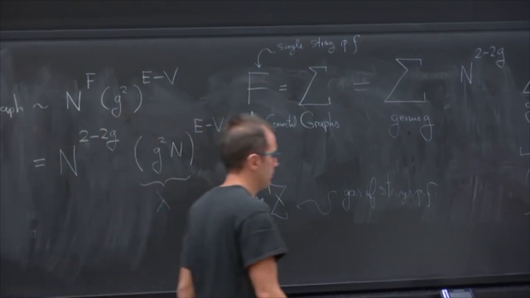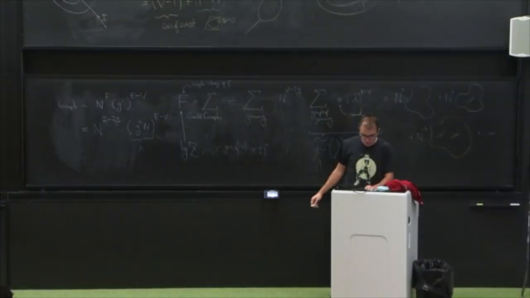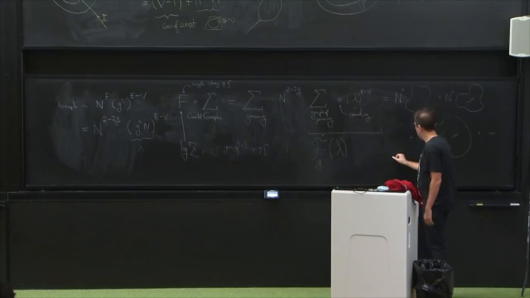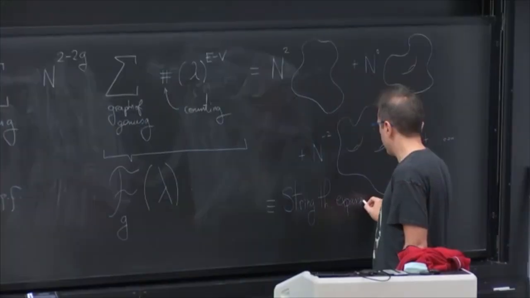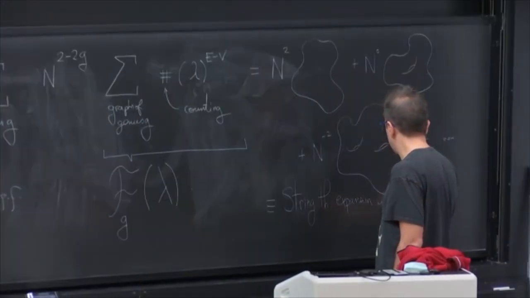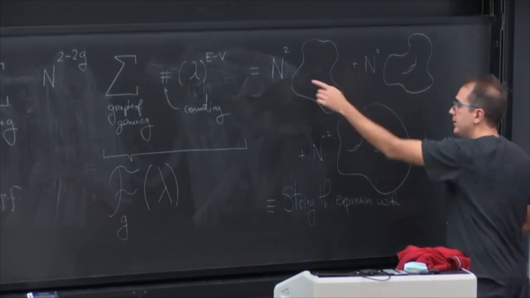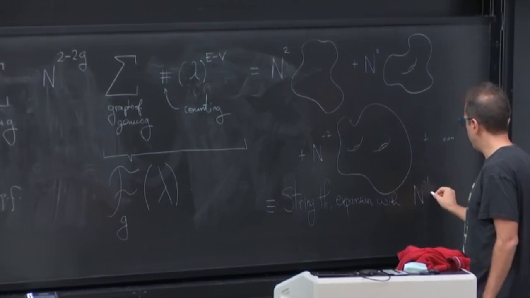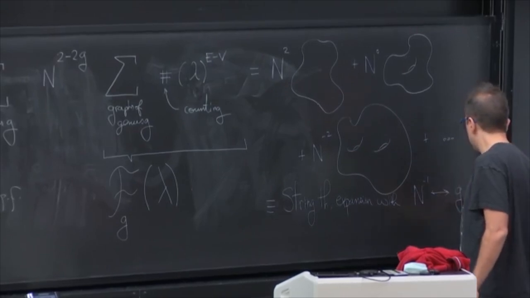Take the log to kill the disconnected graphs as usual. And so this becomes identified with a string theory expansion, if we identify this n to the power minus 1 with what you would normally call the string coupling.